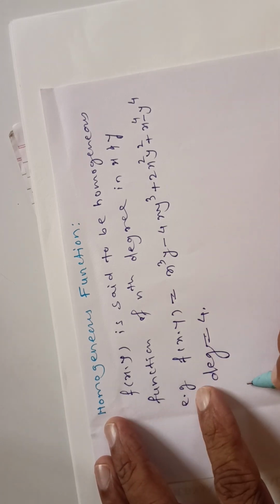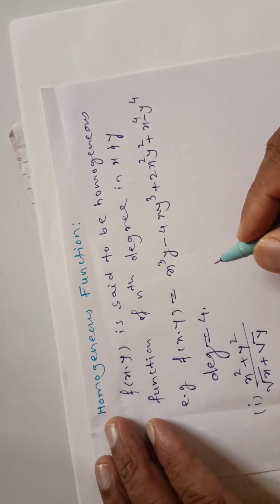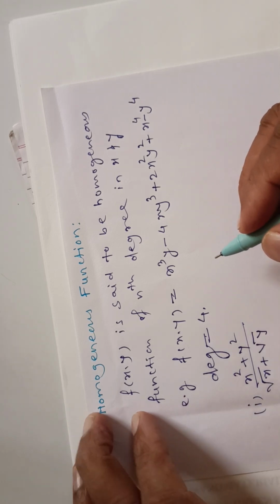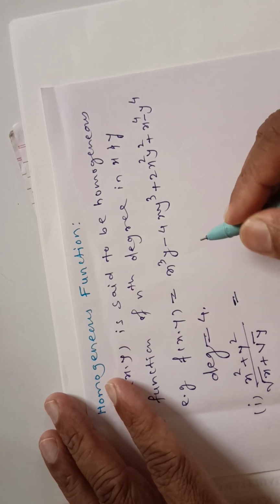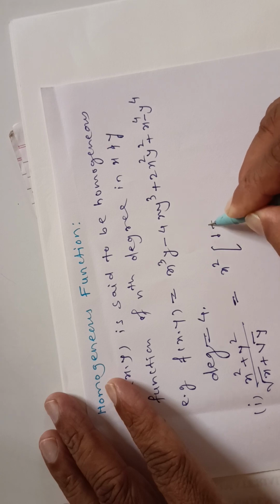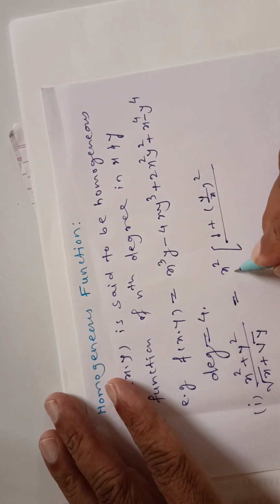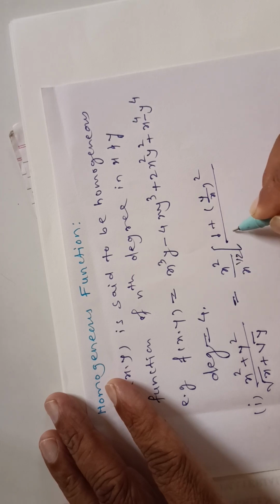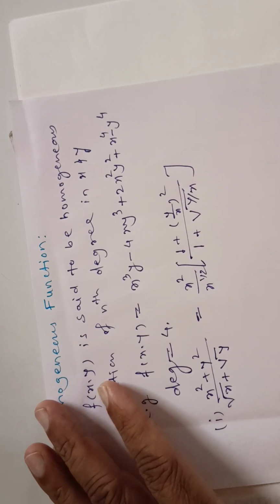For example, (x square plus y square) upon (root x plus root y). Let's verify whether this is homogeneous and what is the degree of this function. So this can be written as: you can take x square common from the numerator and x to the power 1 by 2 common from the denominator.